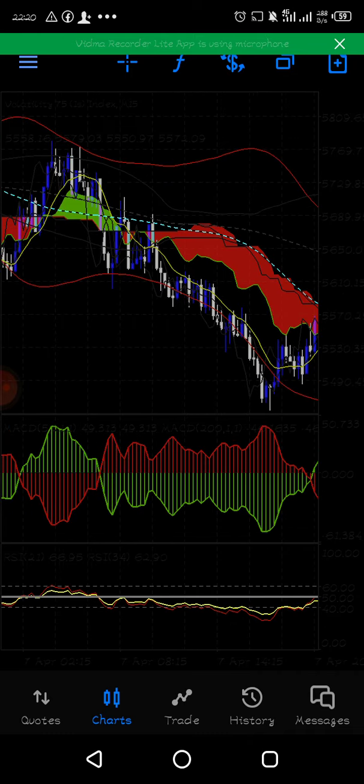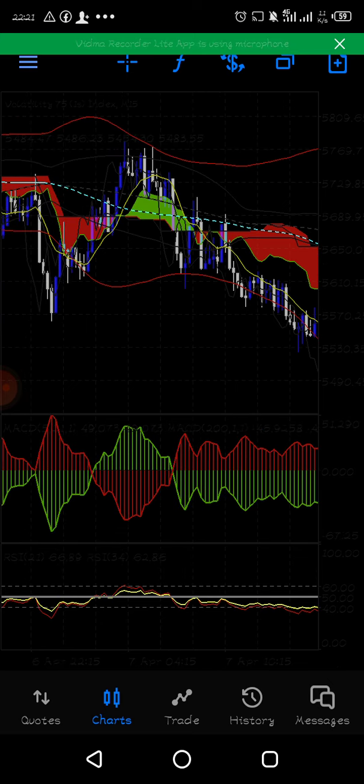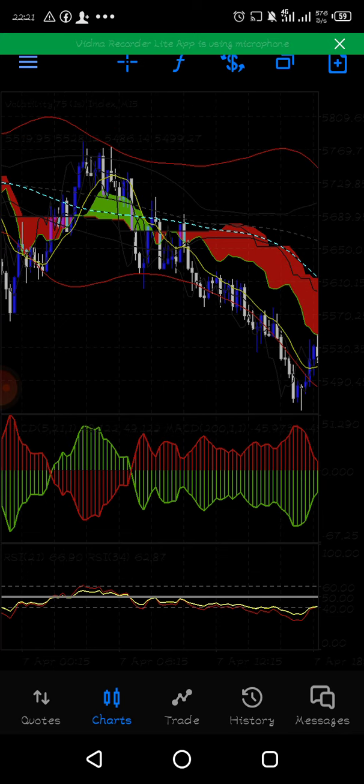And once the market breaks out and refuses to continue the break, or it breaks out and continues towards becoming a trendy phase.